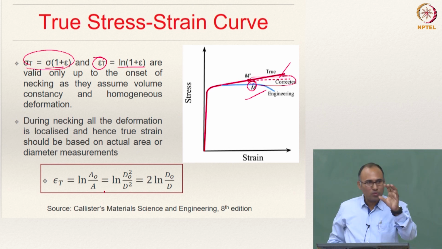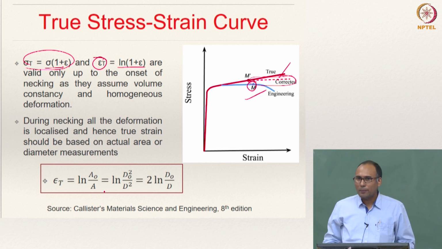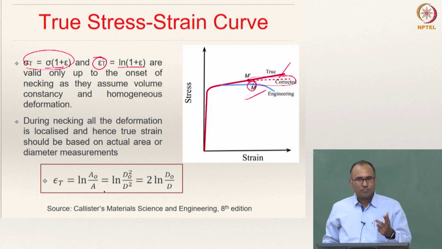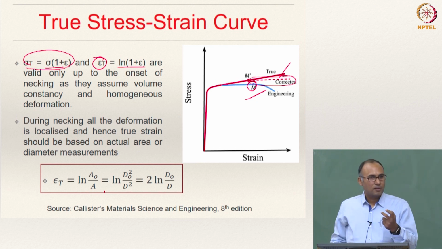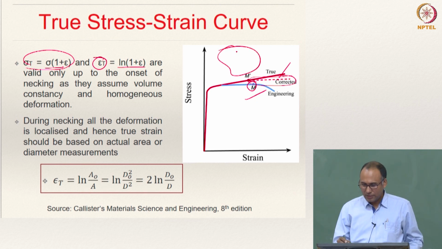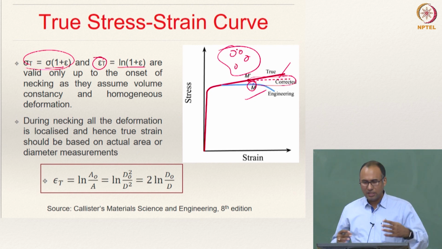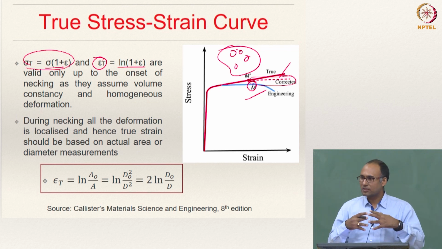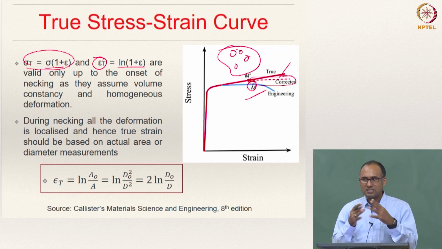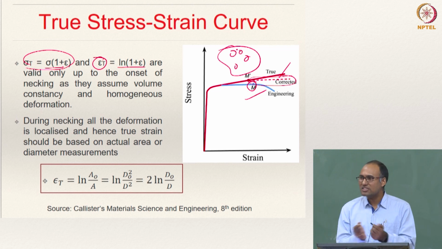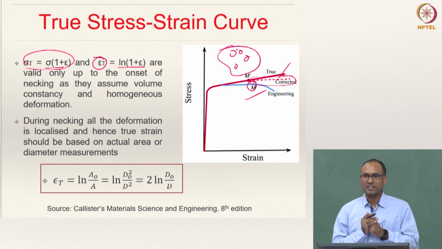We have assumed volume constancy until now, right. But the moment your necking starts, the volume constancy condition cannot hold good, because microstructurally you have a material with voids present in this ductile material. These voids are coalescing with each other, and as a result the total volume of the material is getting changed. So the volume constancy condition cannot hold good in the necking region.